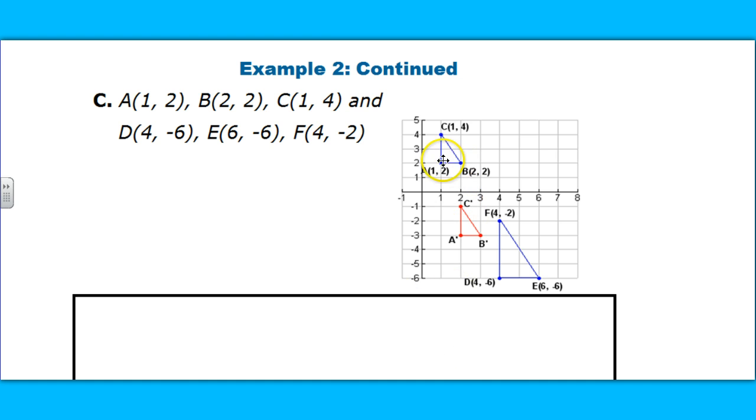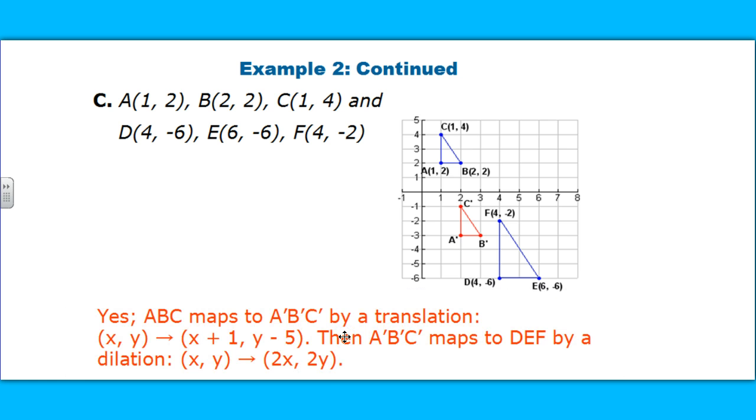Okay, so the triangle has slid down and then maps by the factor of 2 to the new triangle DEF. So, very cool. We saw the factor was 2, but we needed to move the triangle, translate it, in order to then apply the dilation factor of 2.